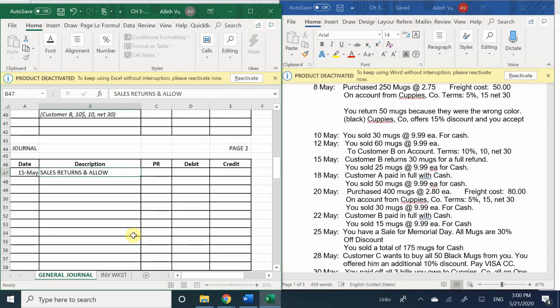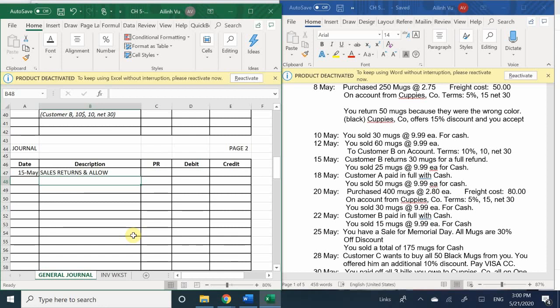All right. What else do we need to recognize? Accounts payable?